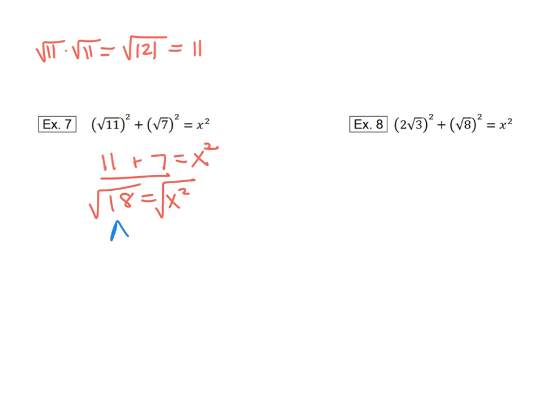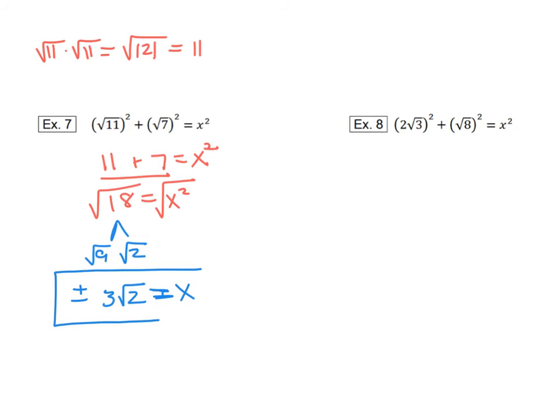We want to think about what perfect square number fits in. So go through your list, 4, 9, 16, and we say, oh, 9 fits in 2 times. So this is 3 times the square root of 2 is equal to x, and this square root of x squared became an x. And then don't forget, it's easy to forget, but you guys are going to be good at remembering this, that plus or minus. So x equals plus or minus 3 square root of 2.